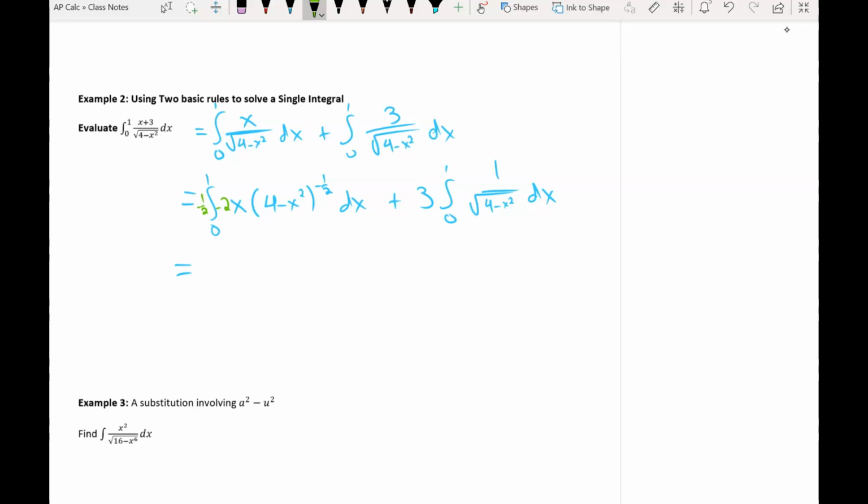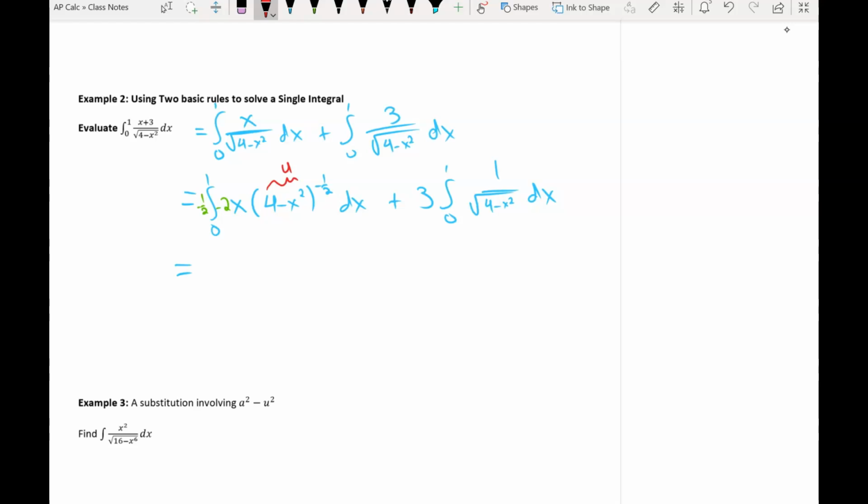The reason we're making this negative 2x is because we want the derivative of the inside. Negative x squared, the derivative of that is negative 2x. So that takes care of that, and we'll rewrite it. Now, if this is my quantity u, we just reverse the power rule.